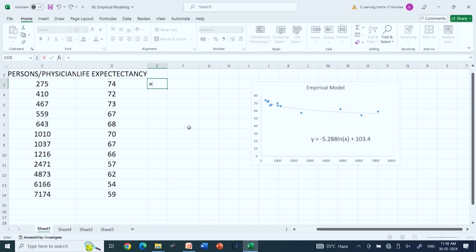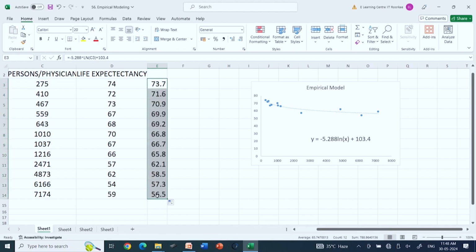So, this is equal to minus 5.288 multiplied by ln x, where x is this value, bracket close, plus 103.4, and I get this value.